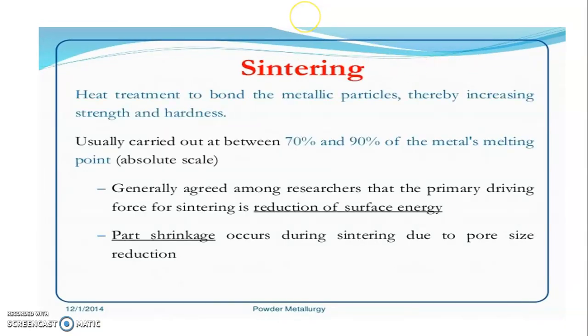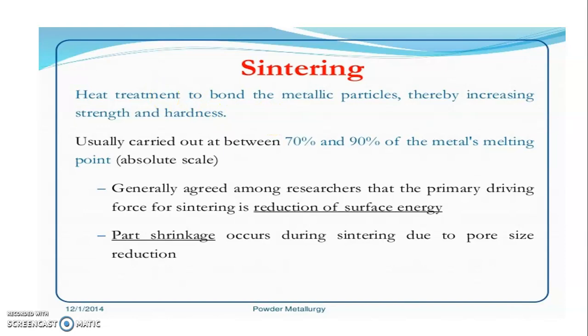Then the sintering process. Here heat treatment is used to bond the metallic particles, thereby increasing the strength and hardness. It is usually carried out between 70 to 90% of the melting point.